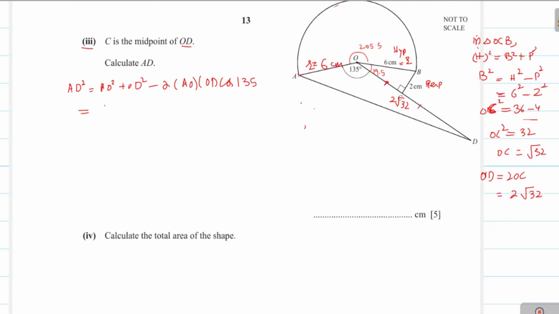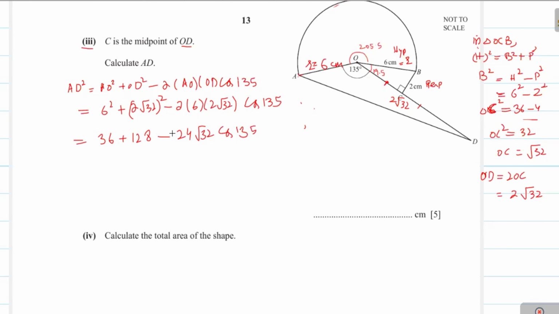Now AO square, we write 6 square, and OD is 2 under square root of 32, minus 2 times AO, which is 6, into 2 into square root of 32, into cos of angle 135. Now we can write 36 plus 2 square is 4, 4 multiplied by 32, that's equal to 128, minus 24 square root 32 into cos of 135 degrees.